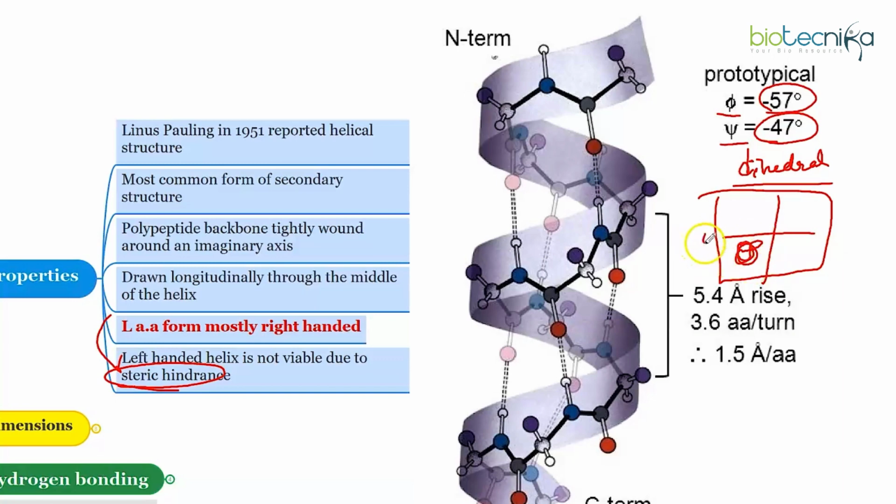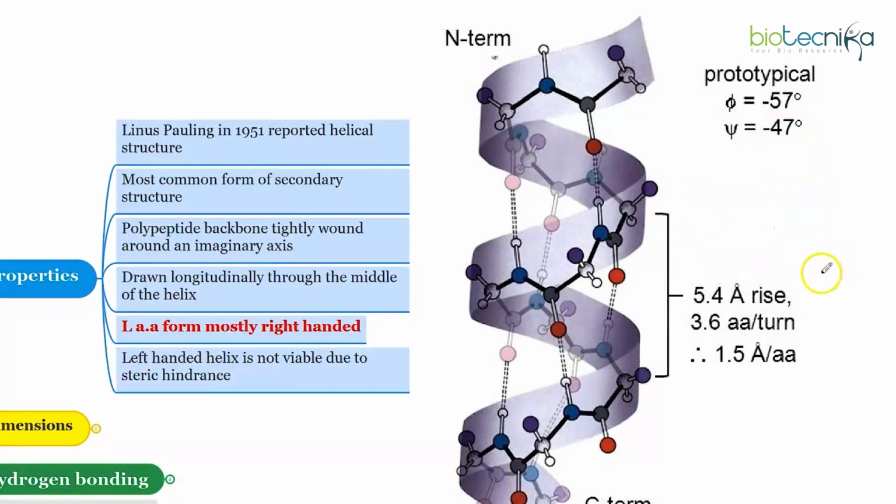Here we take 0 degree, this side is plus 180, this side is also plus 180. Here we take psi, here we take phi. So negative psi means it will fall in this area, negative phi means it will fall in this area. So this is the quadrant which is occupied by the alpha helix.